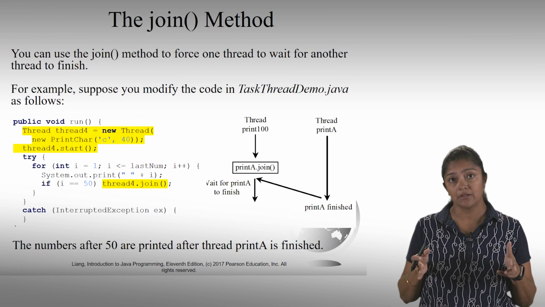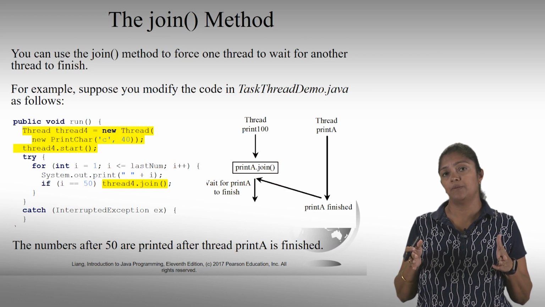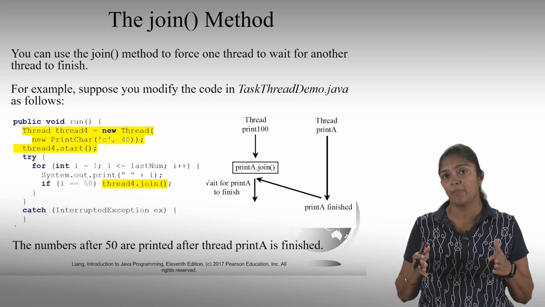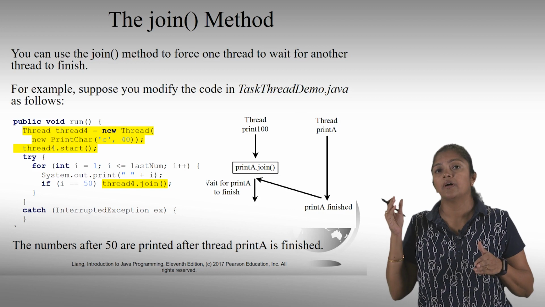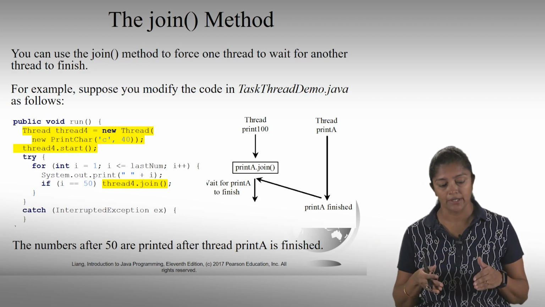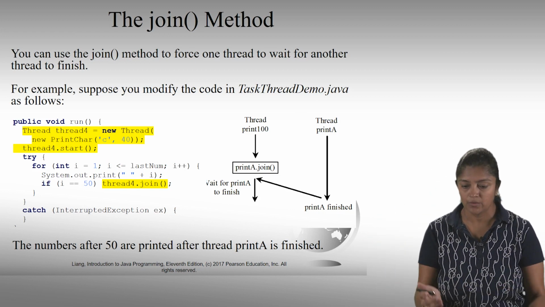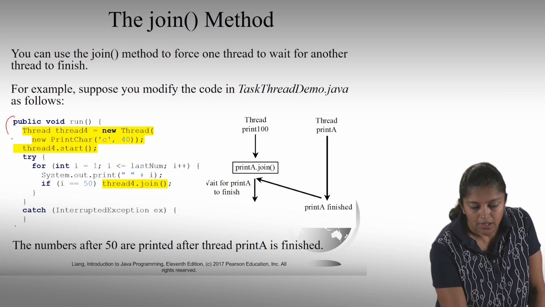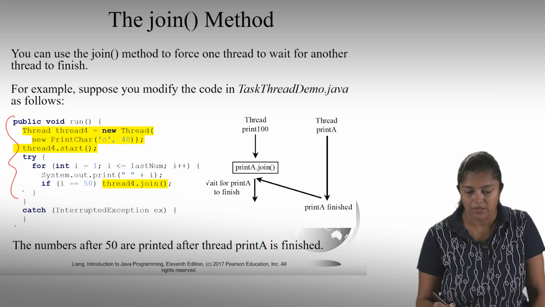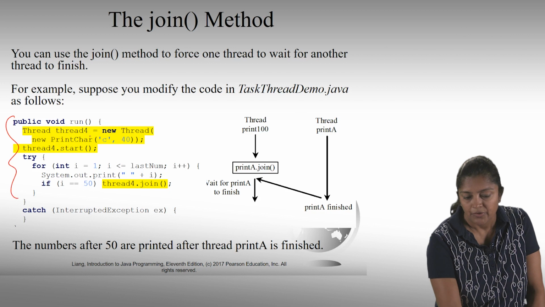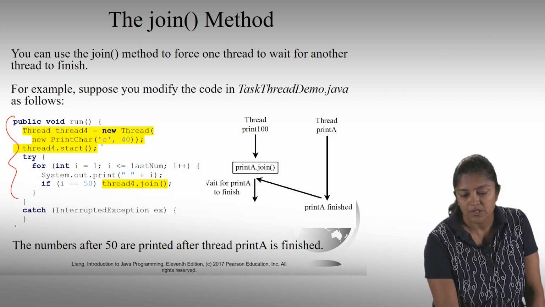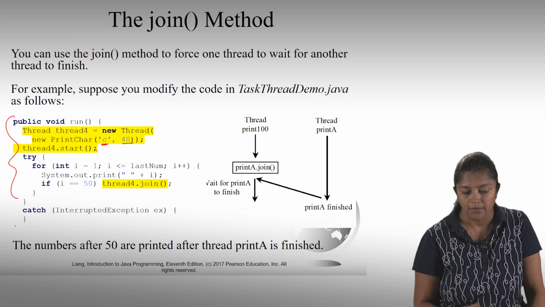Now the join method, like I said, the purpose of the join method is to stop and wait for another thread to finish and join. In this example, there's a thread called thread4, and the purpose is to print the character C 40 times, and we have started the thread.